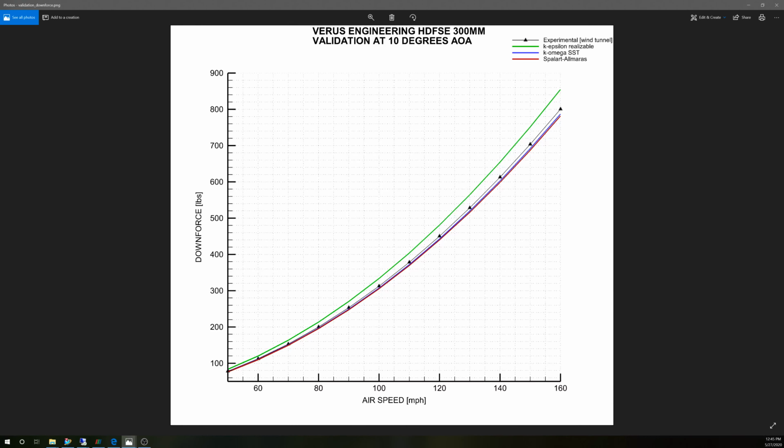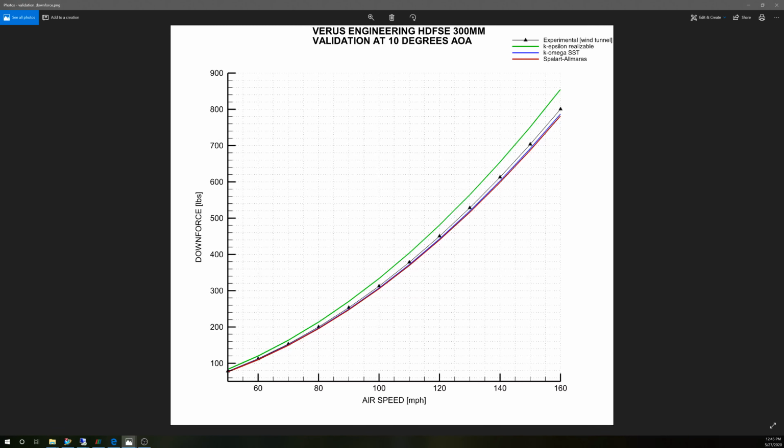I don't use it a whole lot, but just as a heads up, there are reasons to use it. Usually it's actually pretty good in wing-only models. The K omega works fairly close, it's a little bit better on this one.